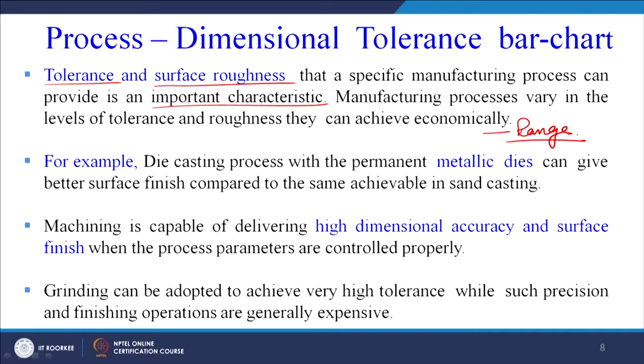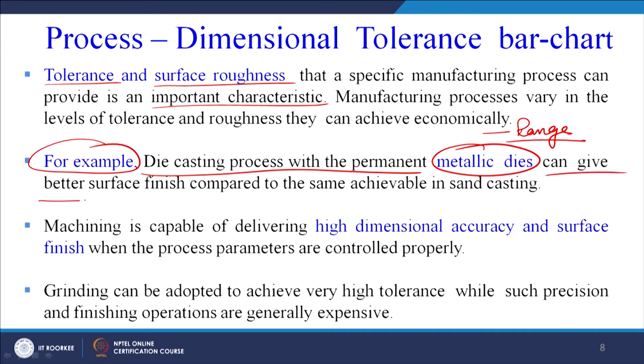For example, to better explain the concept: the die casting process with permanent metallic dies can give better surface finish as compared to the same achievable in sand casting. It is well known, every mechanical engineer knows this, that a sand casting will produce a poor surface finish as compared to the die casting process which uses metallic dies.